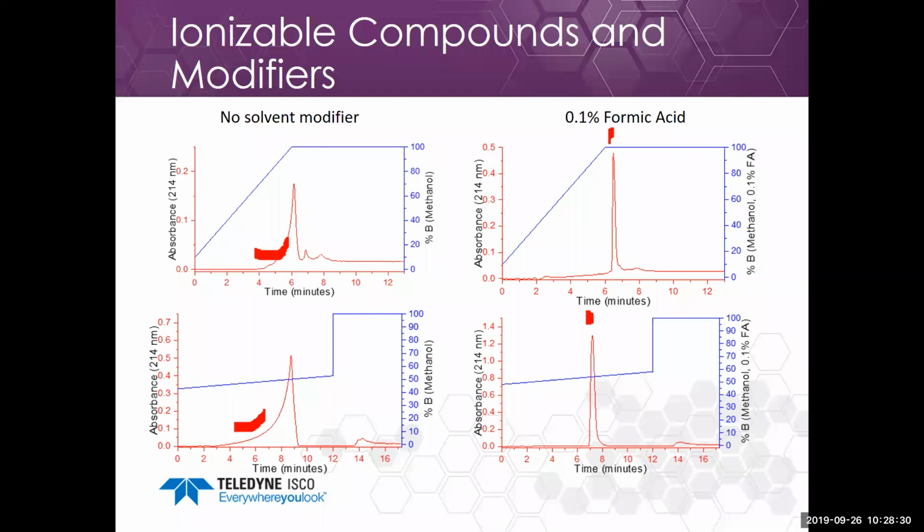Again, the compound elutes at about 7 minutes on the focus gradient, and you might recall I mentioned the zone method and how that might have a problem with ionizable compounds. If a compound elutes very late in the zone, it's going to elute very late off of the focus gradient that the zone method will suggest that you use.